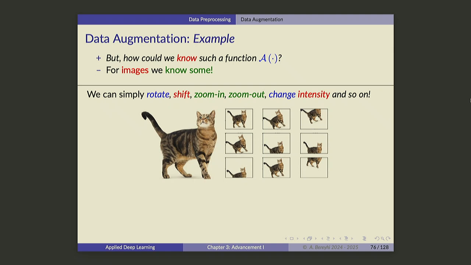But one question: if I do this, and I am trying to understand what is the pattern of the ear for a cat, do you think doing this simply is going to help me?